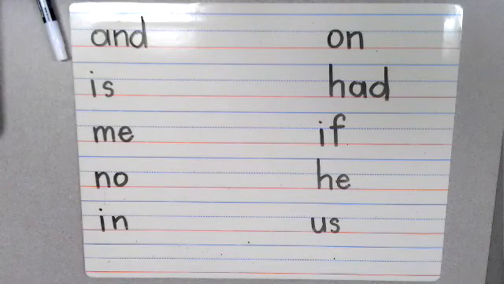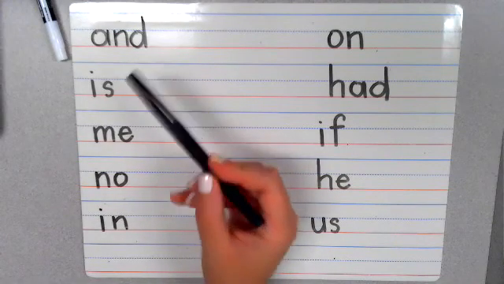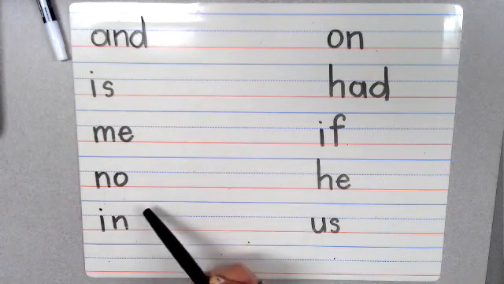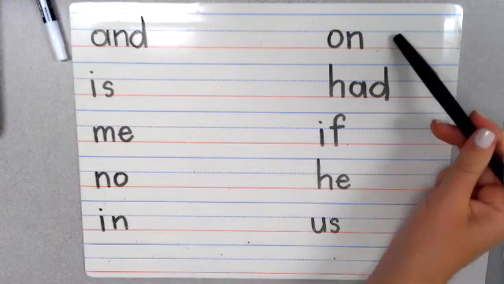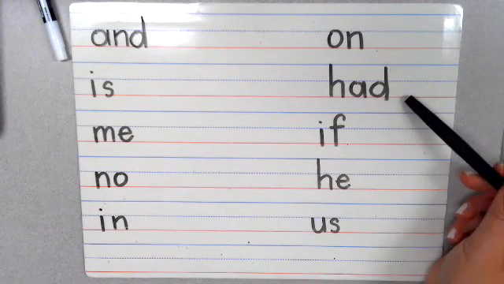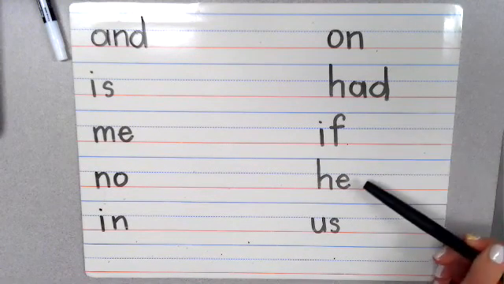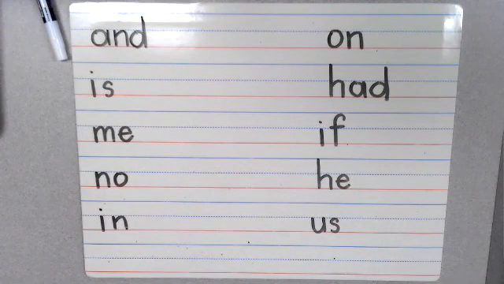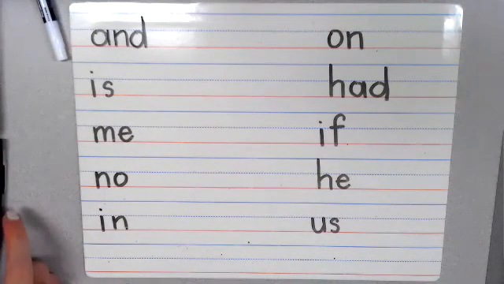You're going to do the make and write with the words and, is, me, no, in, on, had, if, he, us. Now, if you don't have magnetic letters, that's okay. You can cut a piece of paper into smaller squares and write the letters on there too.